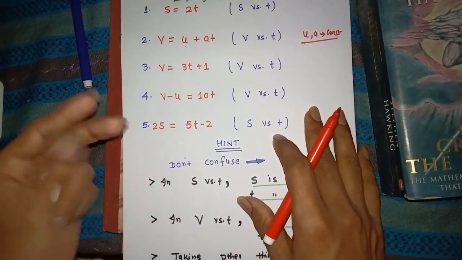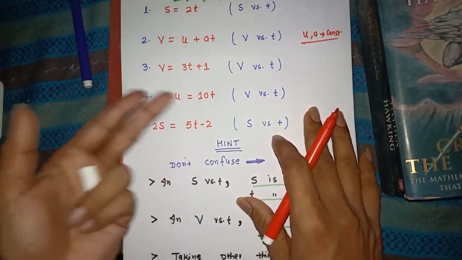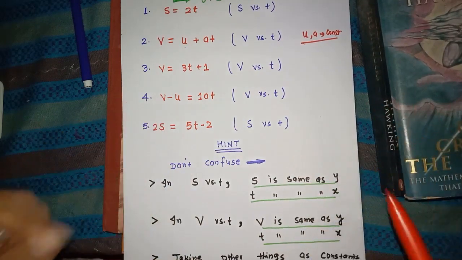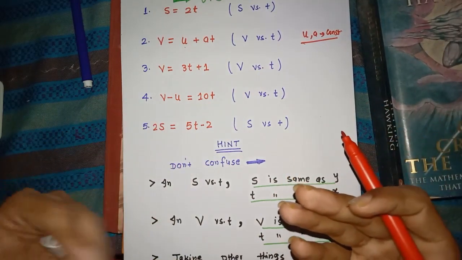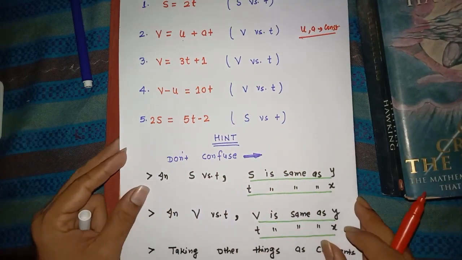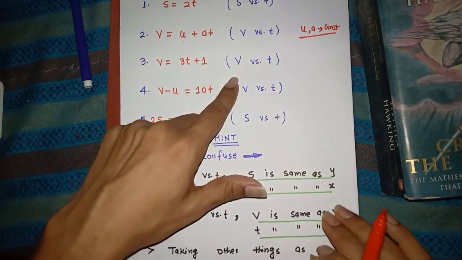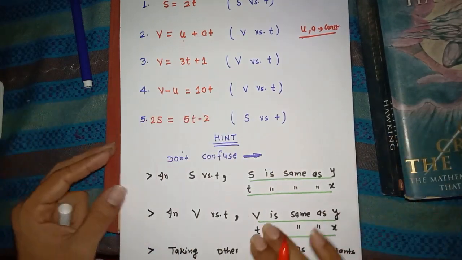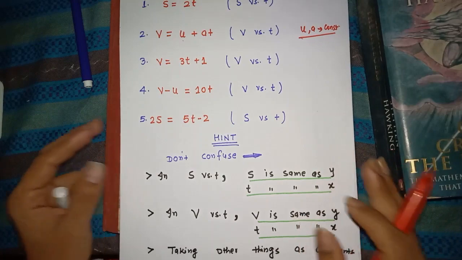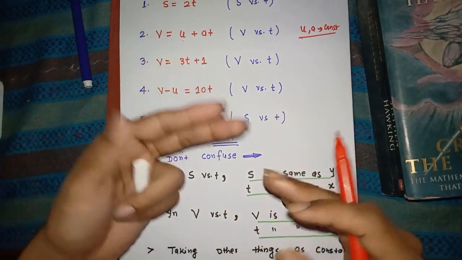Don't be confused by the symbols. Here I am taking s and t, and v and t. So s is the same as y and t is the same as x. I have already told you this in this lecture. In the same way, if I draw v versus t, that means v is the same as y and t is the same as x.